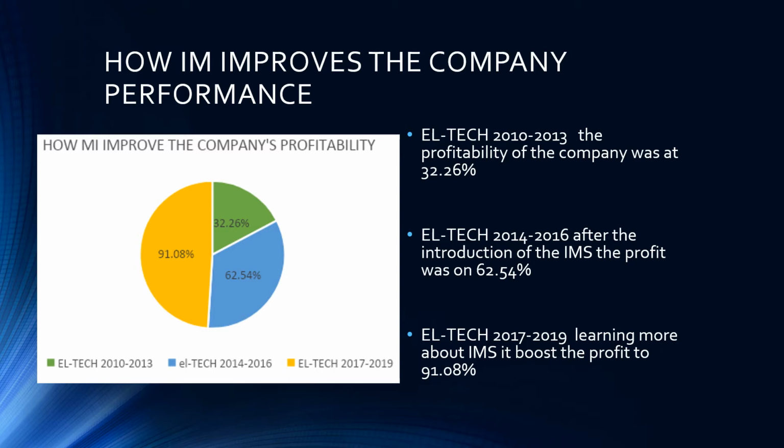As you can see, it increased due to the inventory management system that was installed in the company. It boosted a lot, and they continued learning more about inventory management. It boosted profit from 62.4% to 91.08%, which shows that with good inventory management, performance can increase.